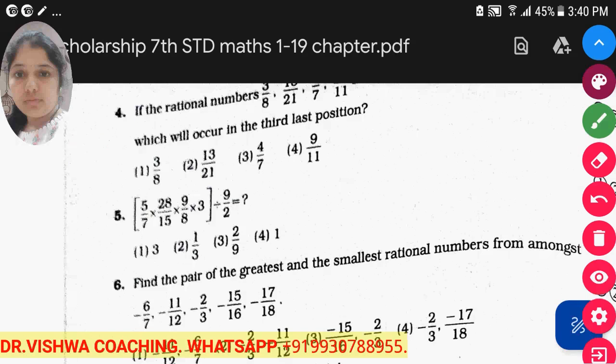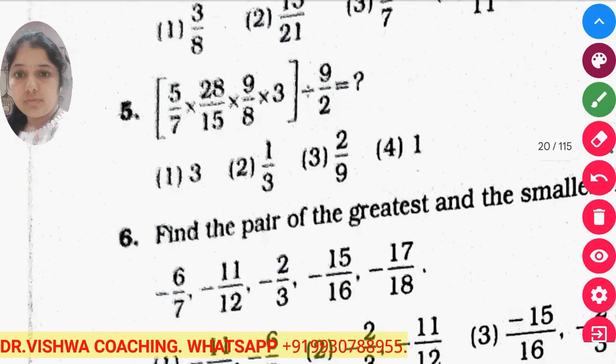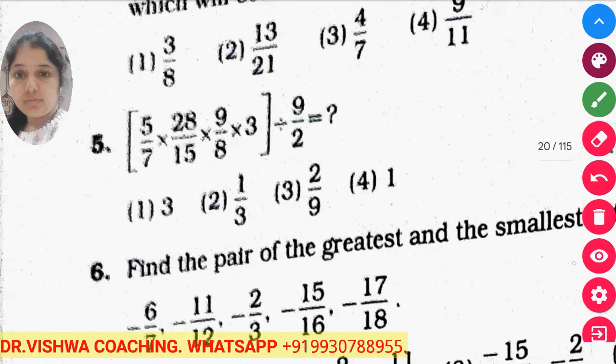Now see, in this sum we have to do operations on rational numbers. So there is a rule of multiplication and division. Whatever there is in a bracket, you have to solve the bracket first and then come out of the bracket. So 5 ones are 5, 5 threes are 15, 3 ones are 3, 1 and 1 cancel, 3 and 3.